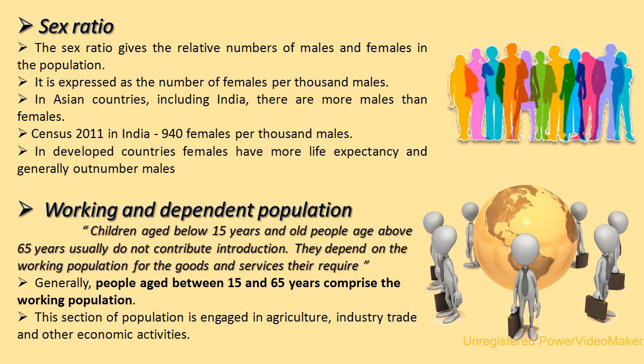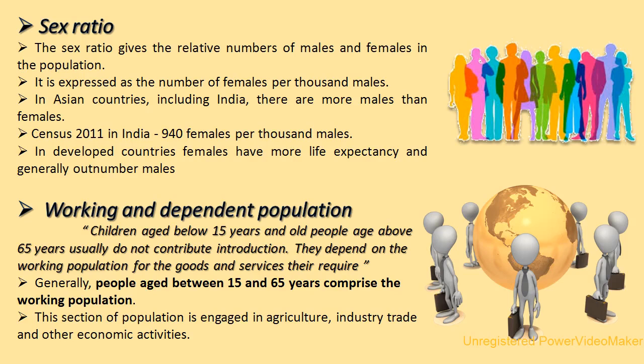Children below 15 years are not working, they are only studying. Old people above the age of 65 are not working either; they are sitting at home, living their retirement life.